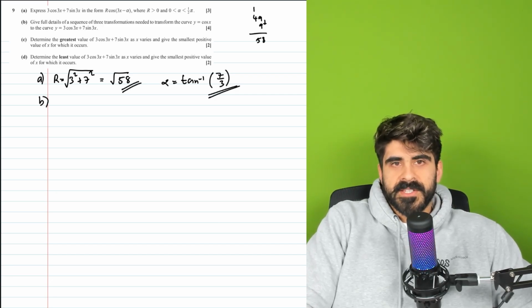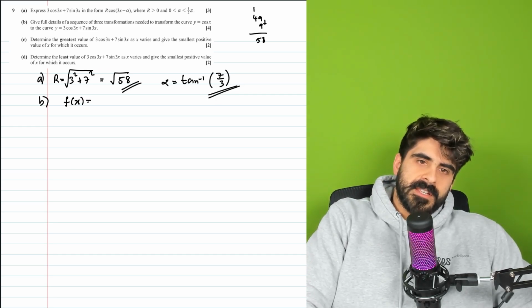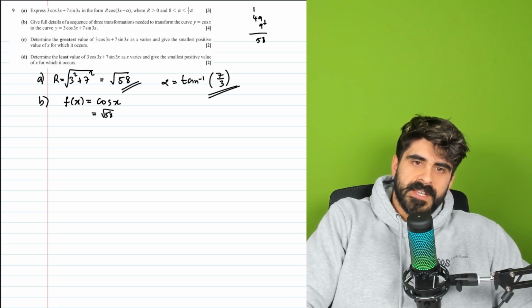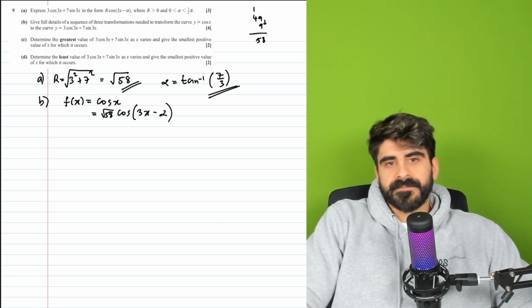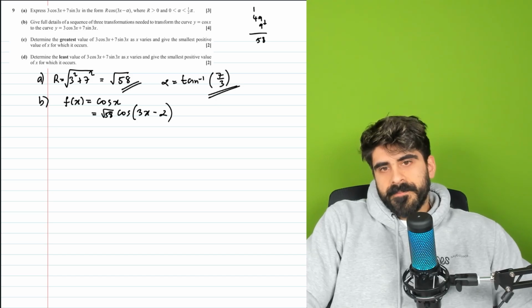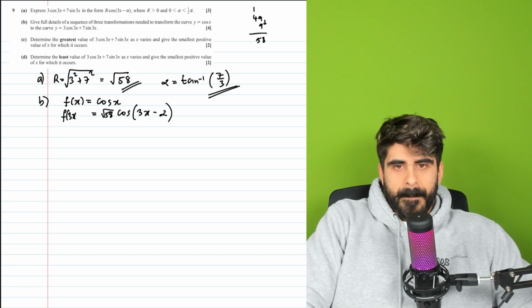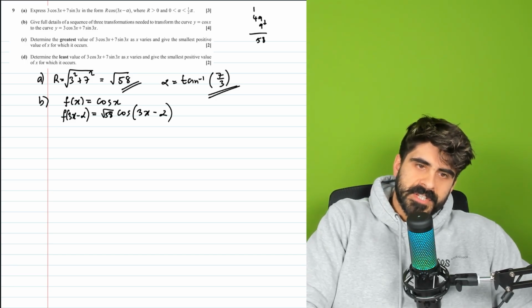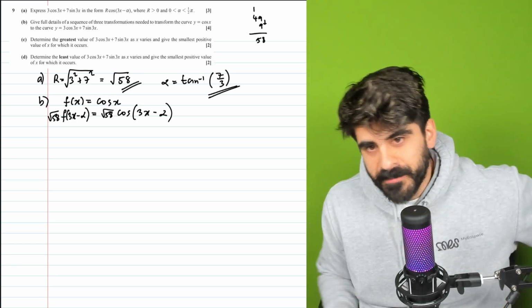Give full details of a sequence of 3 transformations needed to transform y equals cos x to this curve. So if f of x is cos x, what transformations would give us root 58 cos of 3x minus alpha? Well, you are changing f of x to f of 3x minus alpha. Then you're timesing it by root 58. Now here we have to be very careful about the way we describe this.